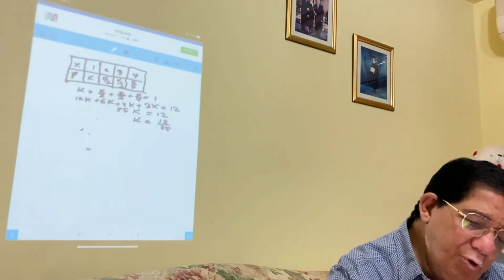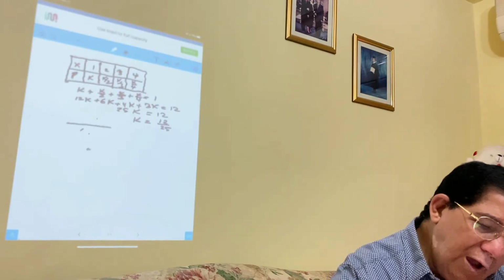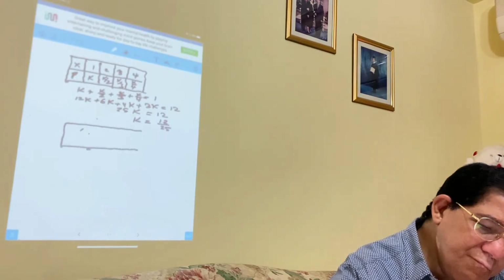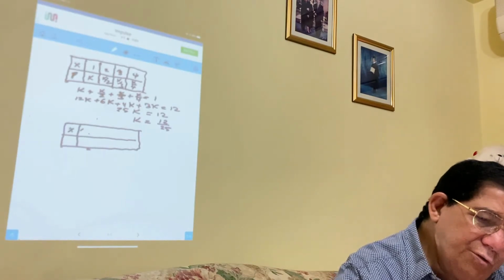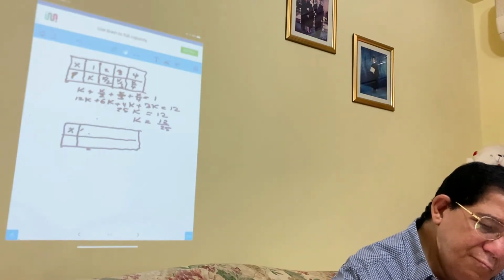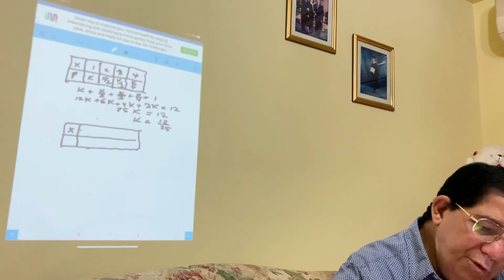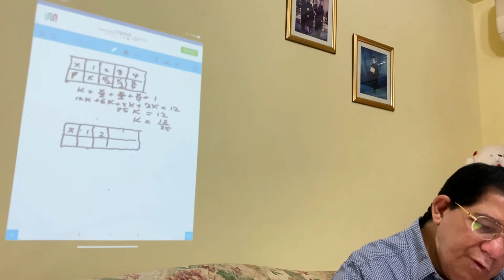Then we make the table, the proper table, and we put the proper values after we found them. x is 1, 2, 3, and 4.